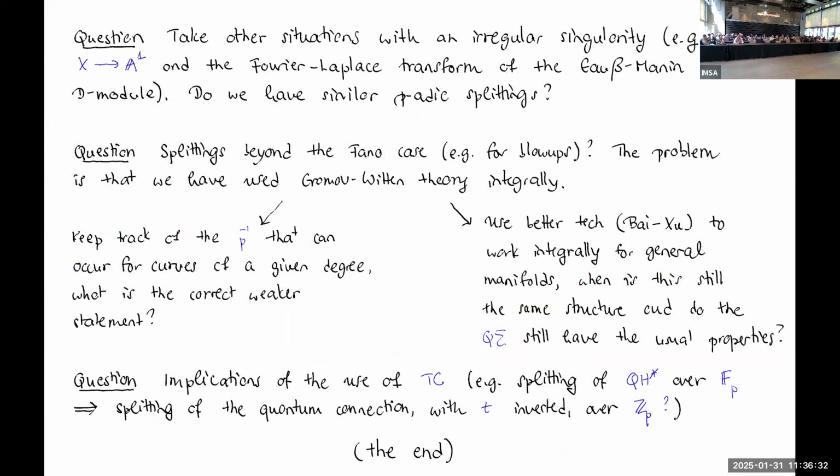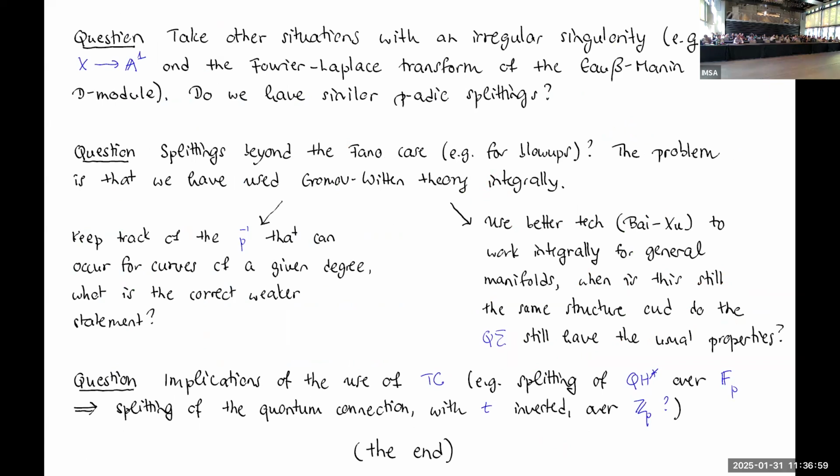I had a number of questions now that I got there, some of which may be stupid questions. Okay, so this is a splitting. I started with a connection with an irregular singularity, and I produced these splittings. And I would, of course, like to know whether in other situations which give rise to an irregular singularity, already mentioned in Tony's talk, let's say you have a family over A1, so you have the Gauss-Manin system, which has irregular singularities.